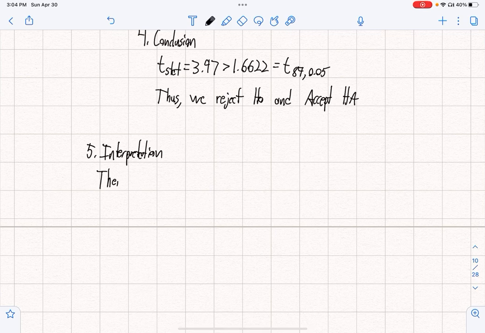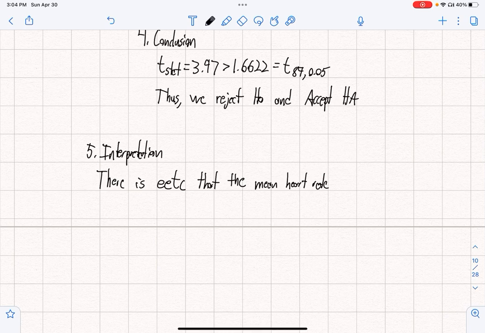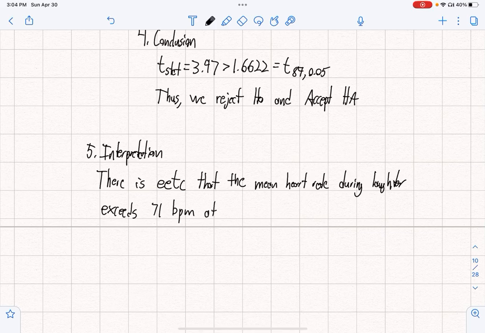So we will say there is enough evidence to conclude that the mean heart rate during laughter exceeds 71 beats per minute at the alpha equal 0.05 level of significance.